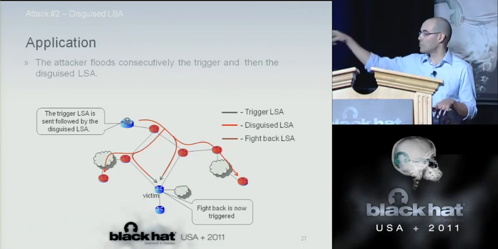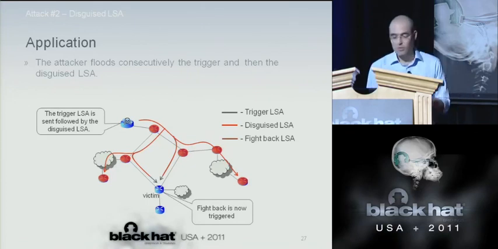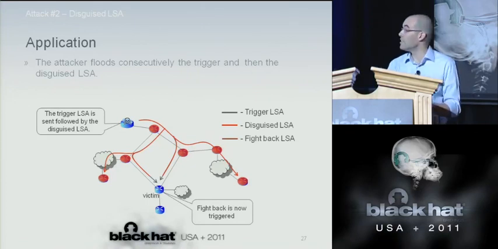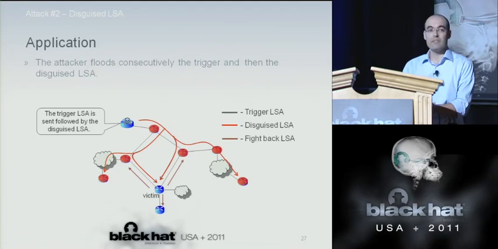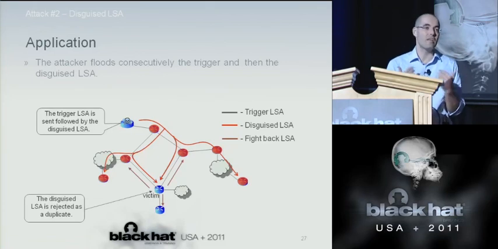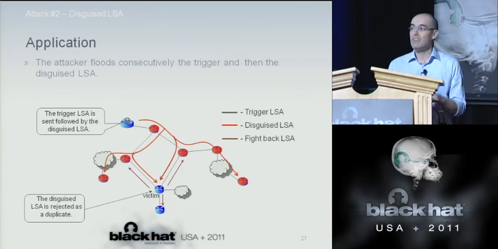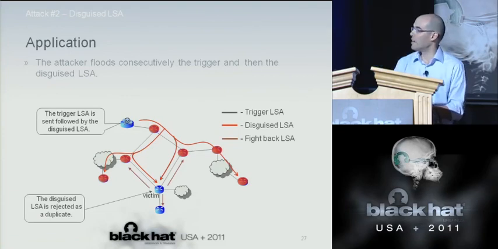Now at this point, the trigger LSA is received by the victim, which means it will now spit out the fightback LSA to all its neighbors, like so. Meanwhile, the victim will now receive the disguised LSA, and it will simply ignore it and treat it as a duplicate of the fightback it just sent. Meanwhile, the fightback will be received by these two routers up there.